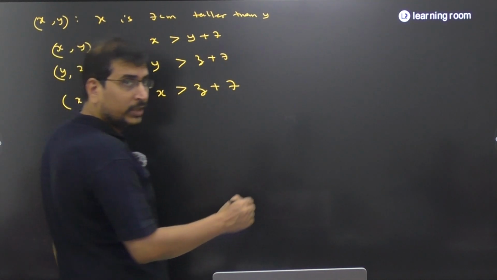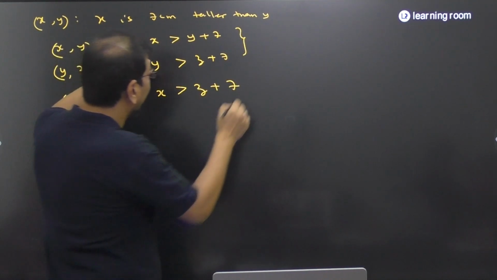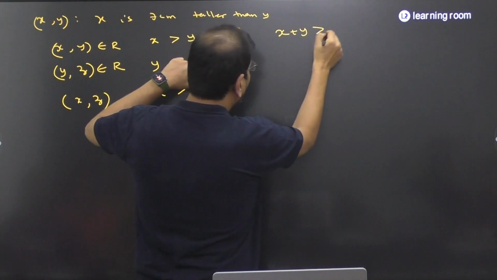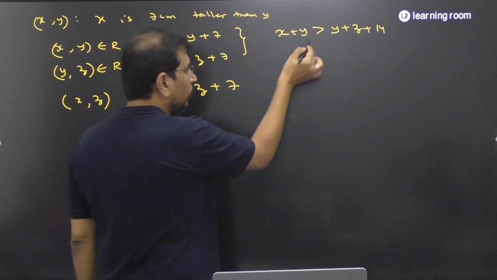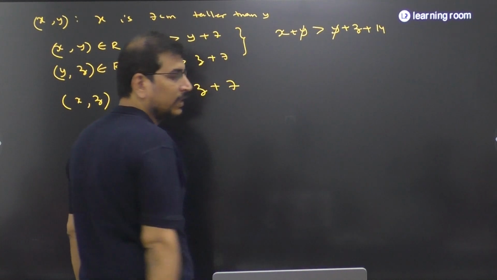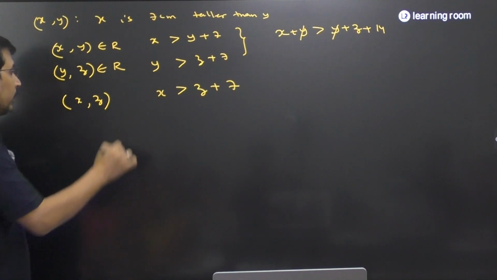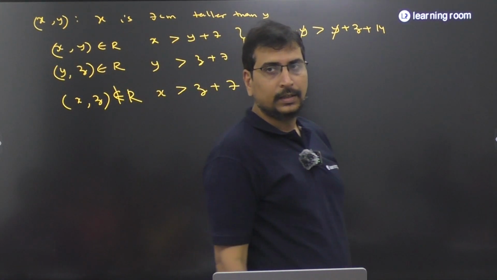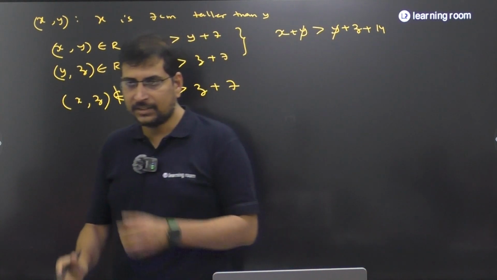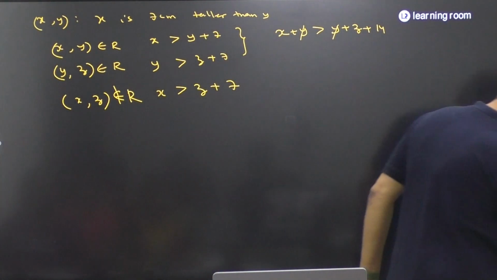Because if you add these two inequalities, you know how to deal with linear inequalities. When you add them, X plus Y will be greater than Y plus Z plus 14. So if I take the Y to the other side, Y and Y will get cancelled. So X will be greater than Z by 14 centimeter. Hence, this does not belong to it. Hence, it is not transitive. Make sense? I'm assuming everybody has already tried it.